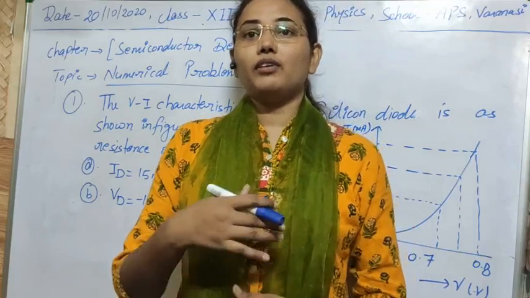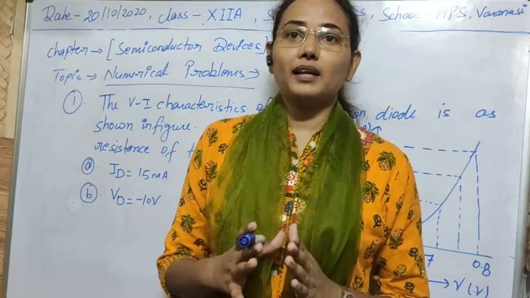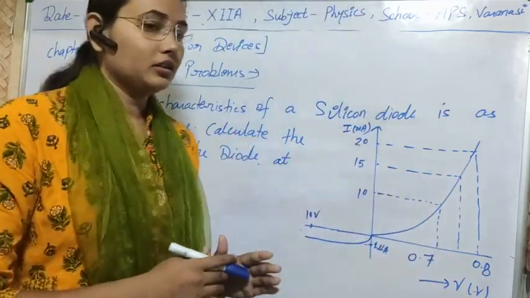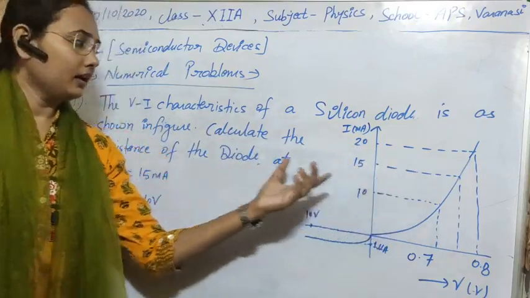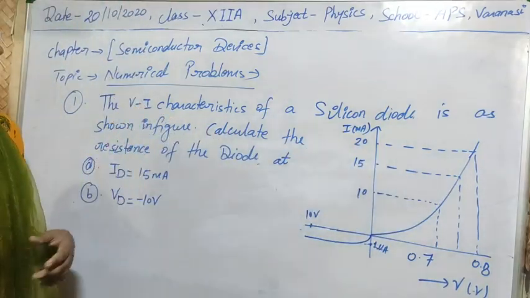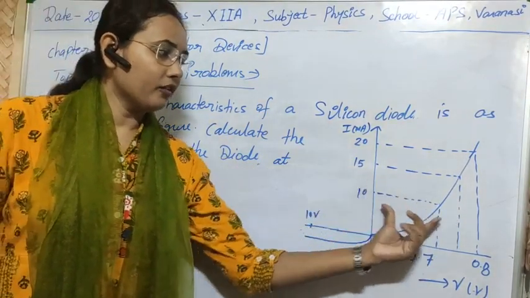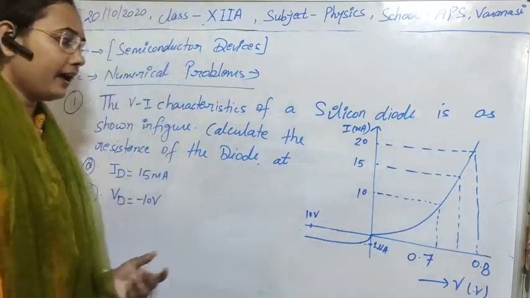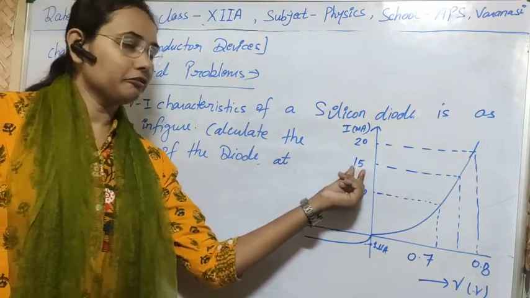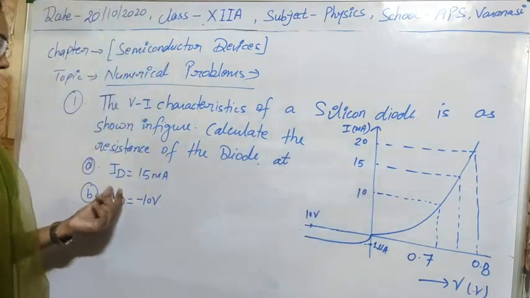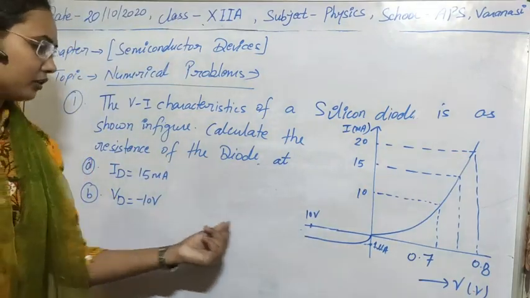So how can we calculate resistance in both forward and reverse bias? Let's see one numerical problem based on that. Here a VI characteristic is given, and we have to calculate the resistance of the diode in forward bias at ID equal to 15 milliampere, and in reverse bias at VD equal to minus 10 volt.